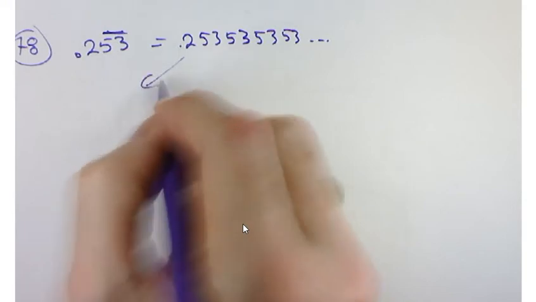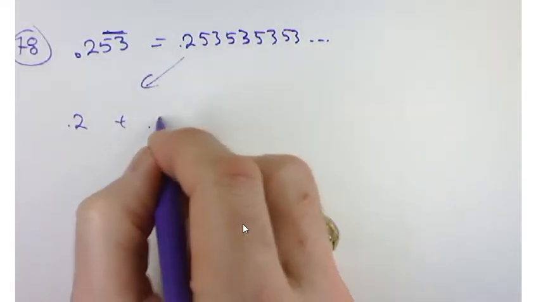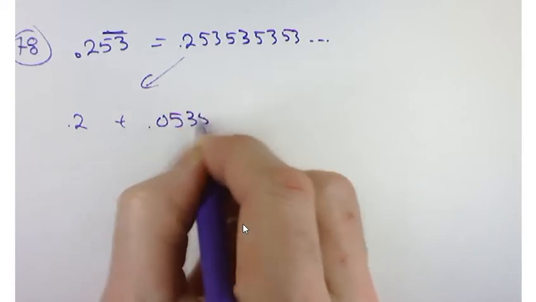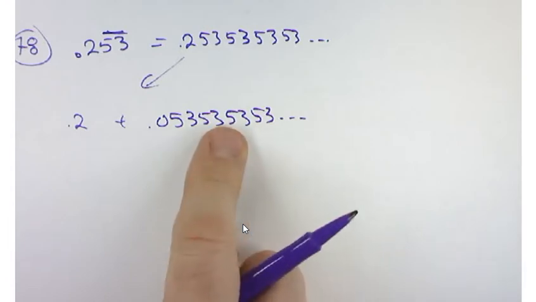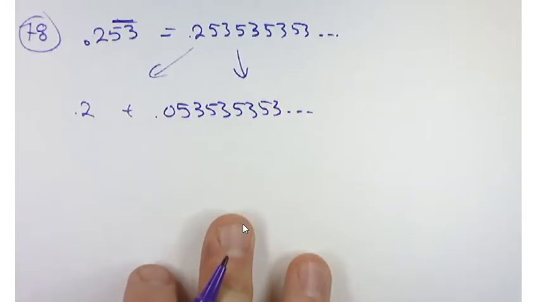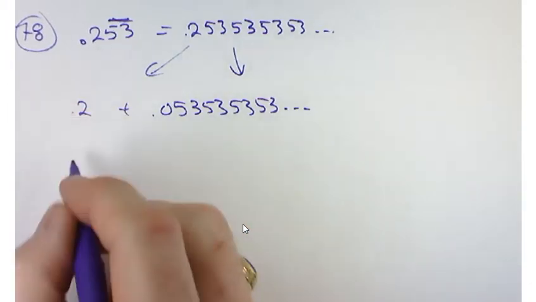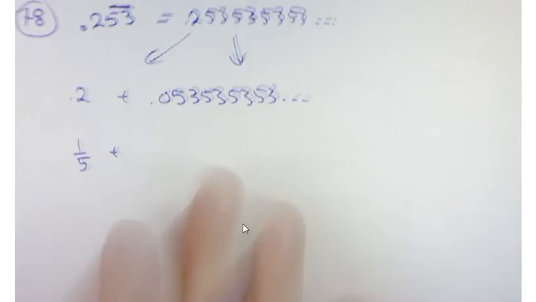Now I'm going to separate this into 2 parts. The 0.2 part here and the repeating part here, 0.053, 53, 53, 53. That part. Okay. This part is 1/5, I know that. But here we're going to have to do a little bit of clever thinking.